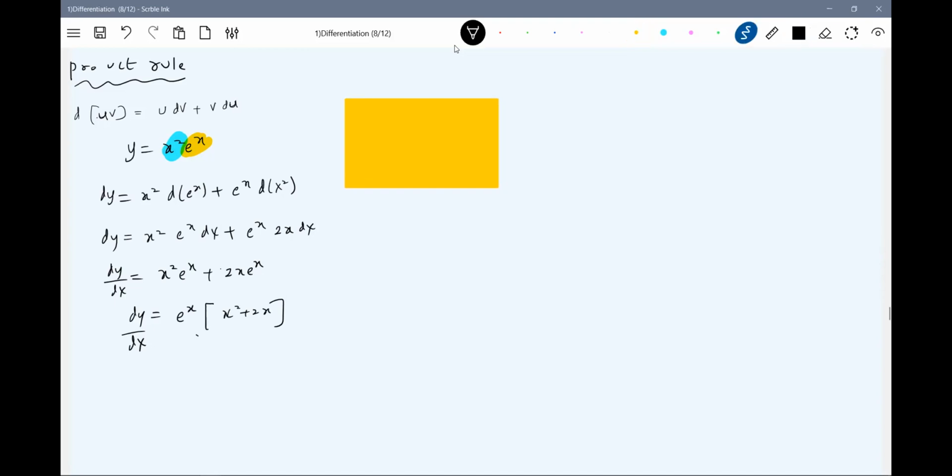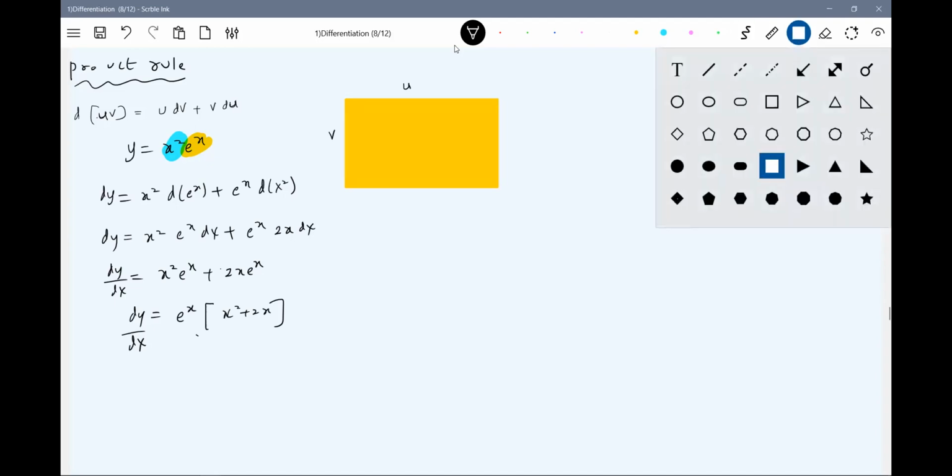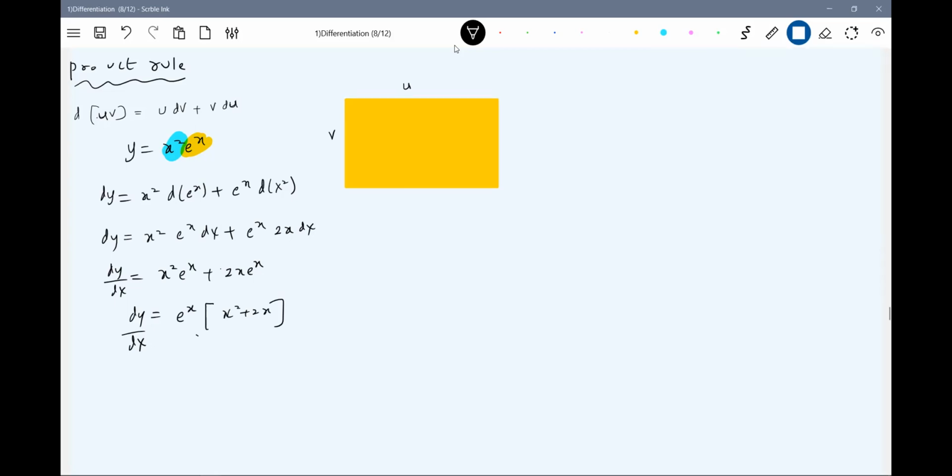This is u. Let this be v. What is the area of this? u into v. Now an infinitesimal change in length, I'll call it du.